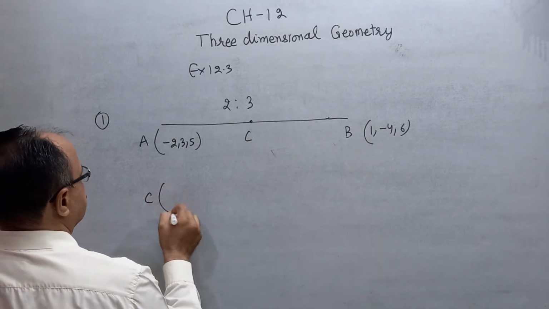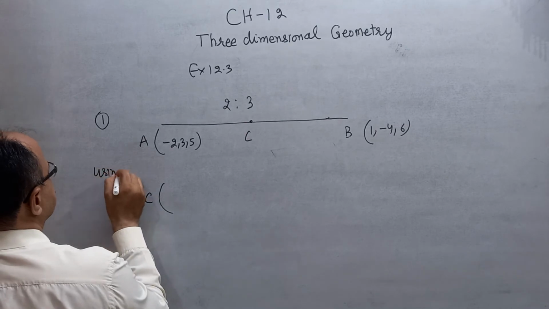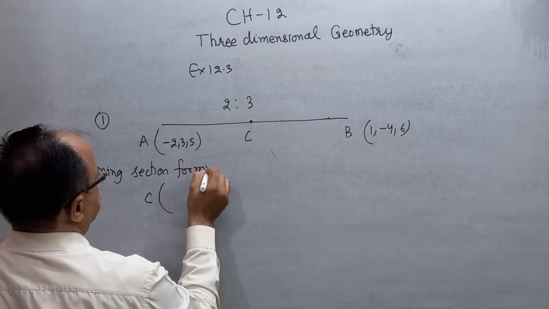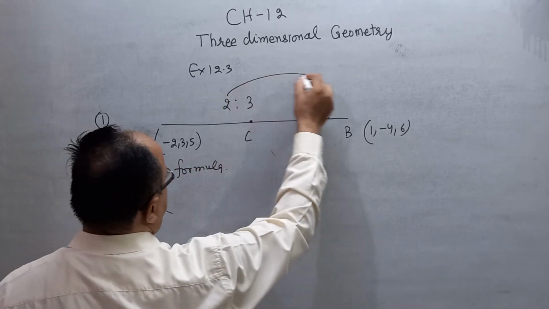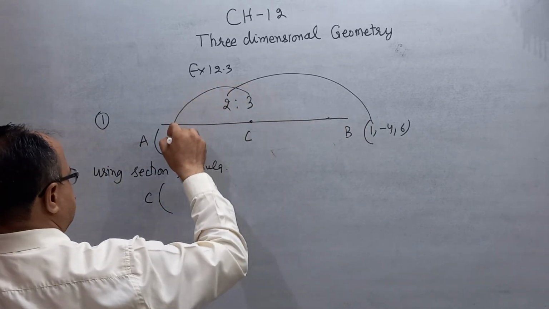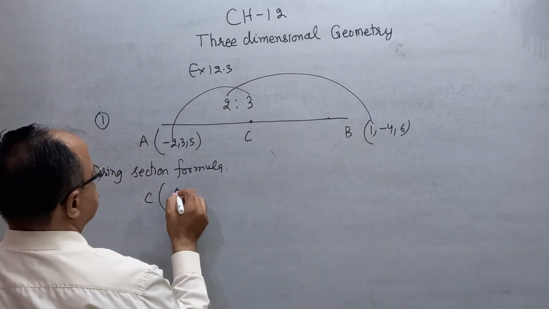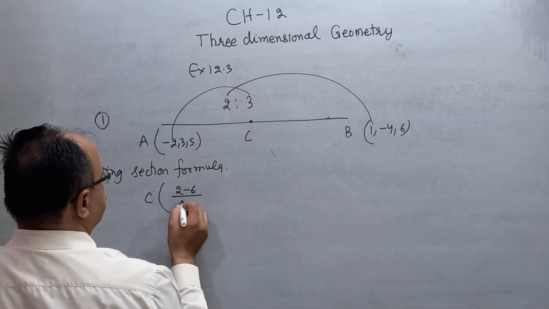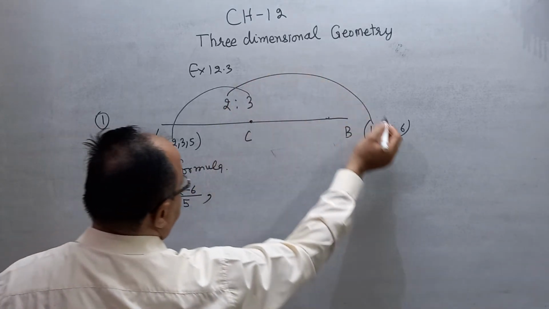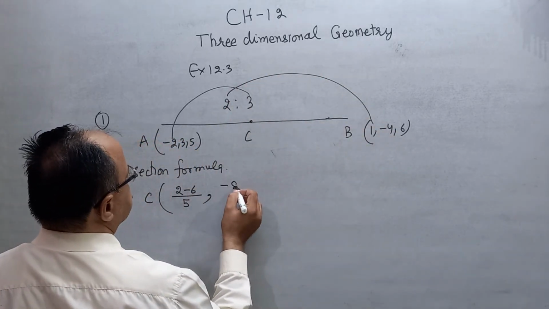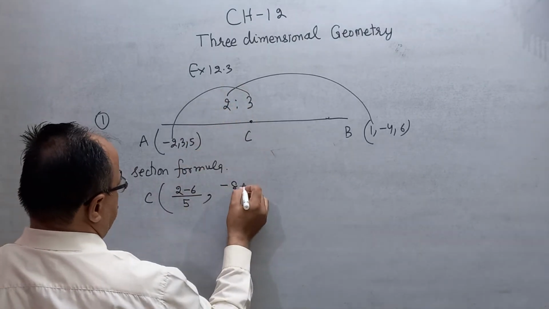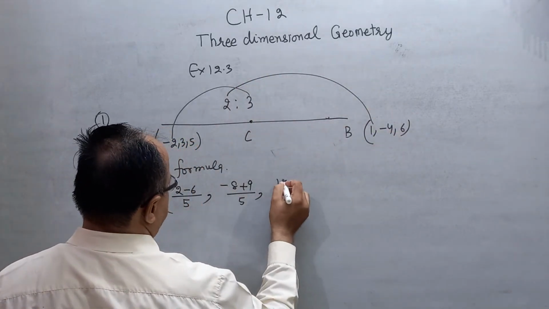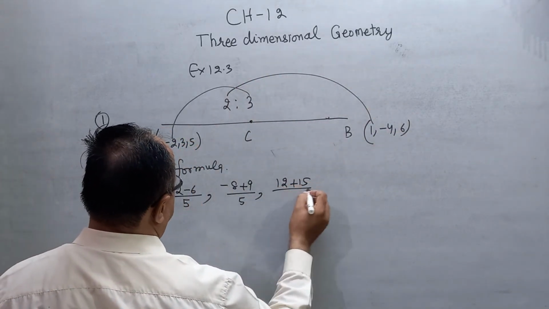Now the coordinates of C, using the section formula. 2 multiplied by this and 3 multiplied by this: 2 into 1 is 2, and 3 into minus 2 is minus 6, divided by 3 plus 2, 5. 2 multiplied by minus 4 is minus 8, and 3 multiplied by 3 is 9, divided by the sum of the ratio. 2 multiplied by 6, 12, plus 15, divided by 5.